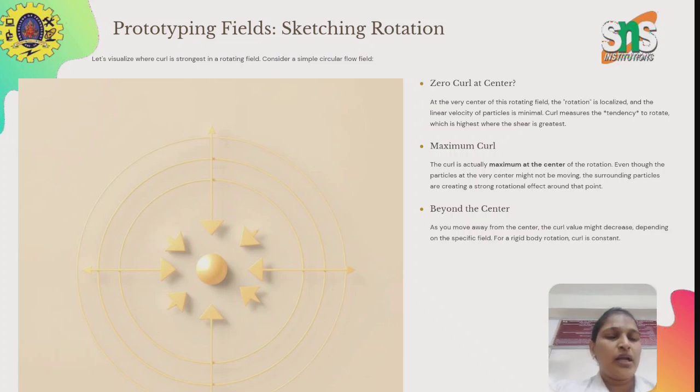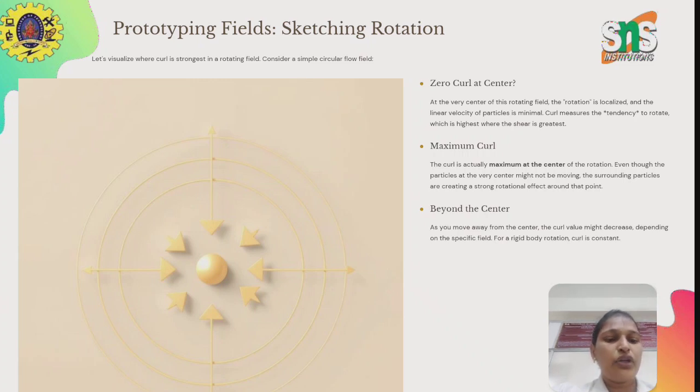When you observe deep into that swirling, you can find that at the very center of the rotating field, the rotation is localized and the linear velocity of particles is minimal. The curl is the measure of the tendency to rotate.